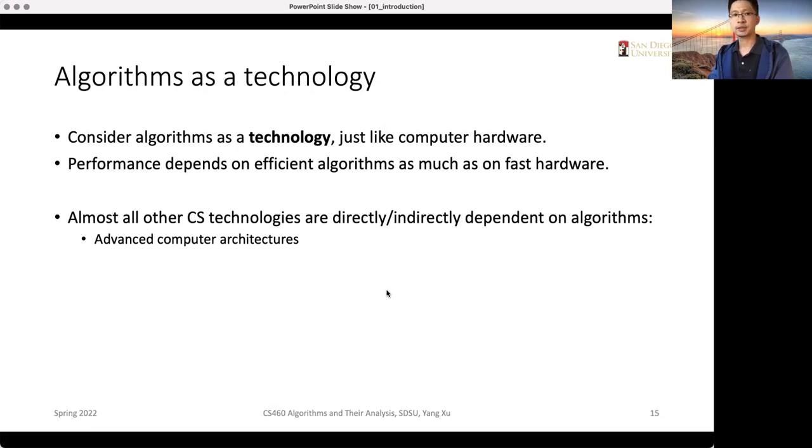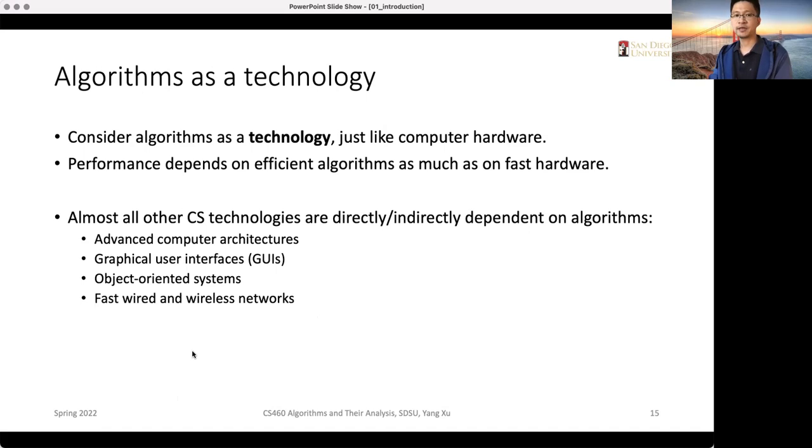Like when we design the architectures of computers, when we design the graphical user interfaces, when we design a programming language with object-oriented systems, okay? When we design the wireless networks, right? The routers, actually everything behind is an efficient implementation of algorithms.